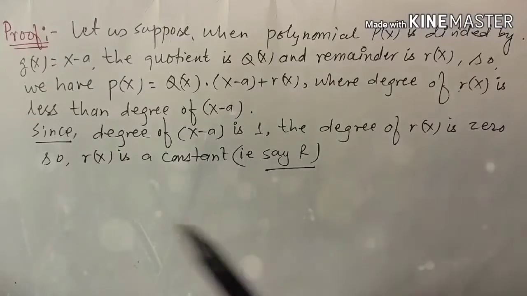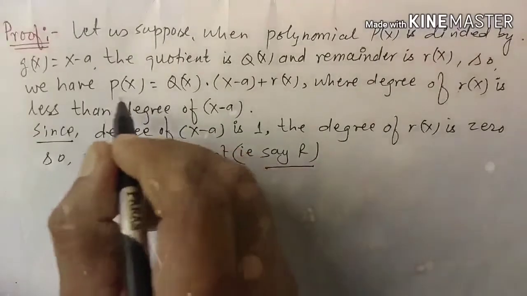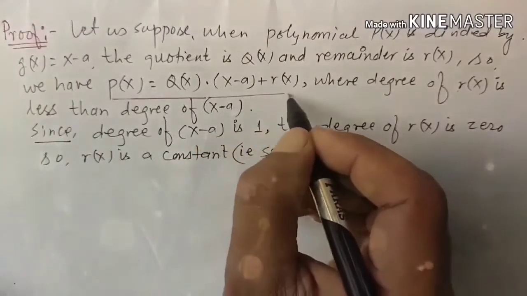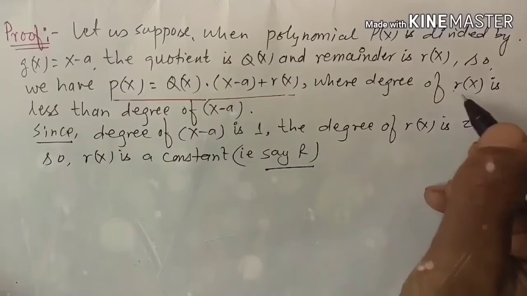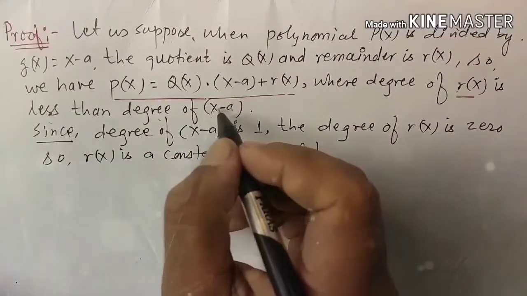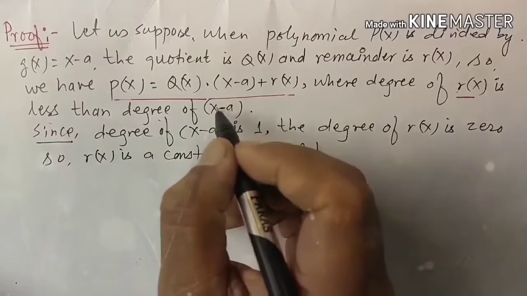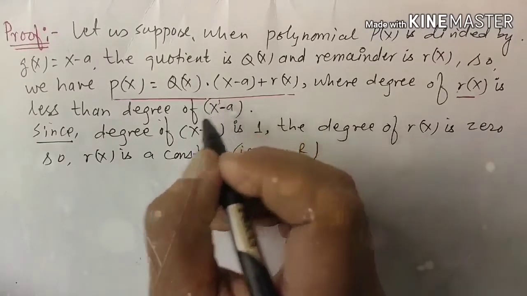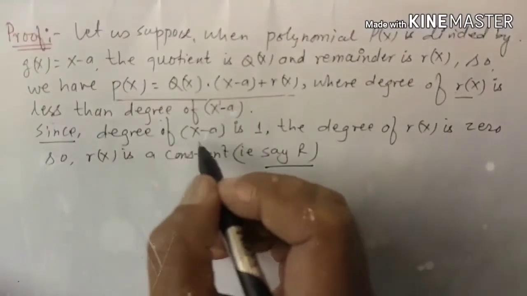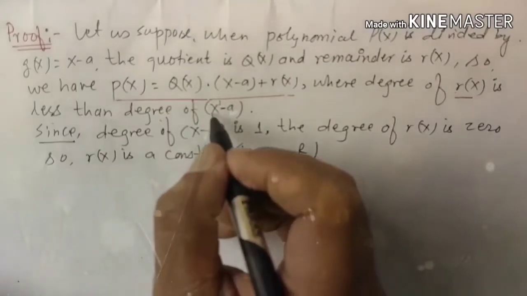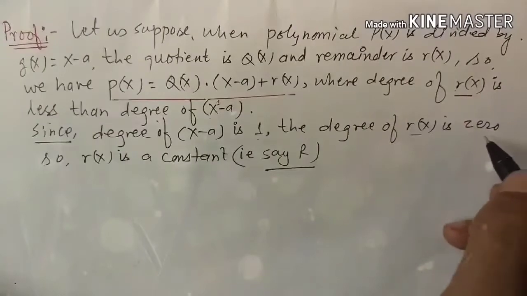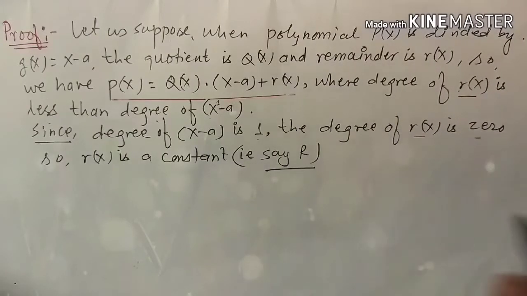Here you can see that P(x) is equal to q(x) dot (x minus a) plus r(x), where degree of r(x) is less than degree of x minus a. Here x is a variable, a is a constant. Variable has a degree 1. So since degree of x minus a is 1, r(x) will have the degree 0.